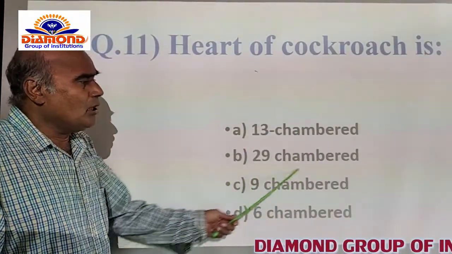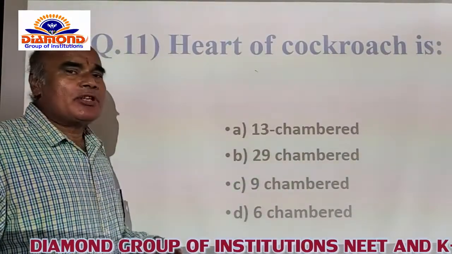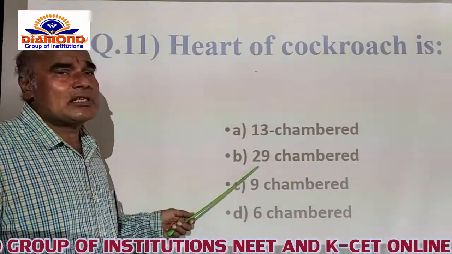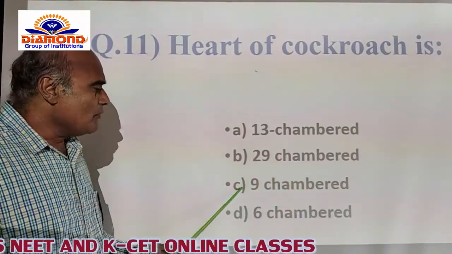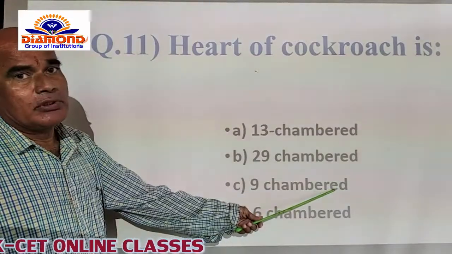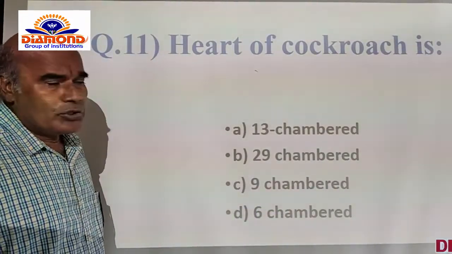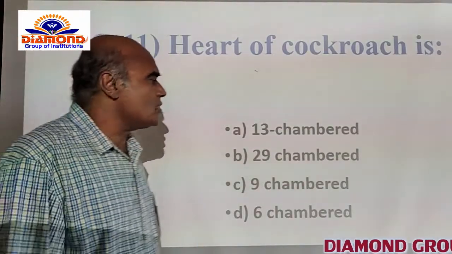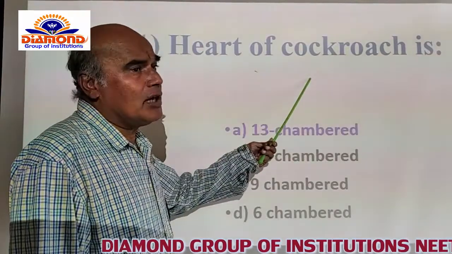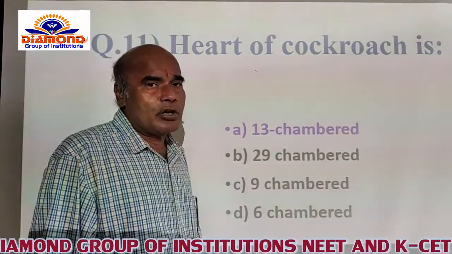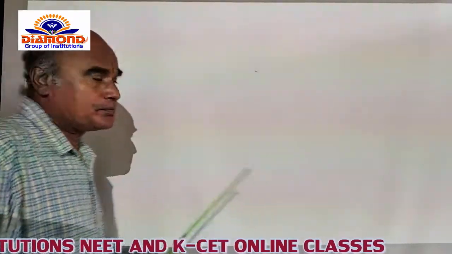Whereas option B is 29 chambers, because the total segments of the body are not more than 20. So option B is not correct. Option C is 9 chambers, so it is also not related. And D is 6 chambers. So naturally B, C, D are not concerned with this question. Only the 13-chambered heart is present in the open circulatory system of the cockroach itself. That's why option A is correct.